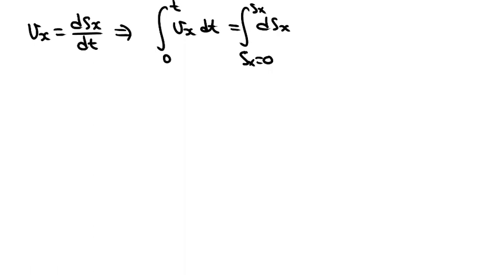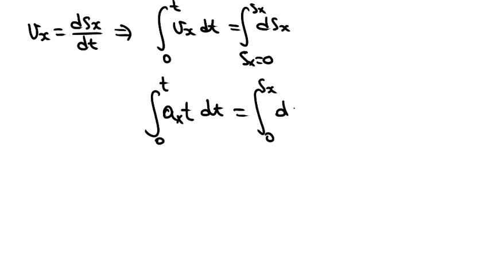If I replace the vx value here, then ax t dt from 0 to t will be equal to the integral of dsx from 0 to sx. That follows that ax t squared by 2 is equal to sx.